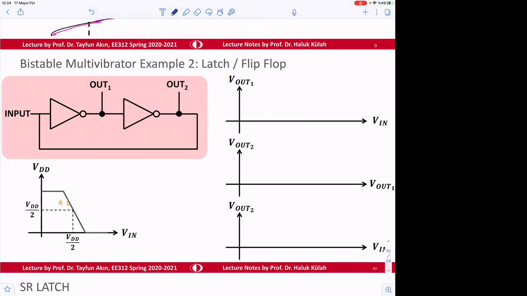Let's say output is VDD. So the output is changing between VDD and ground. So here, let's say this is going to be your response, V in, V out 1, because it's just an inverter. So this will be same as this one. I'm just drawing this a little bit extreme case.